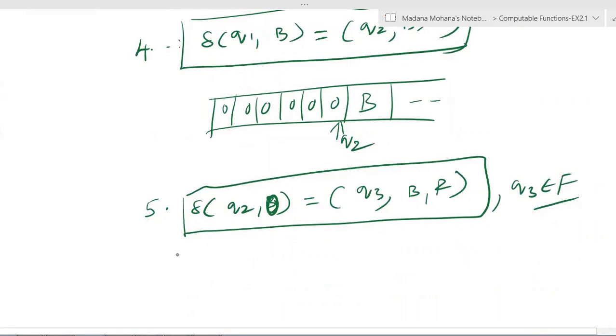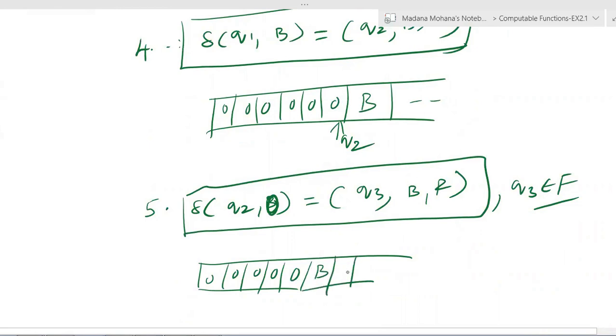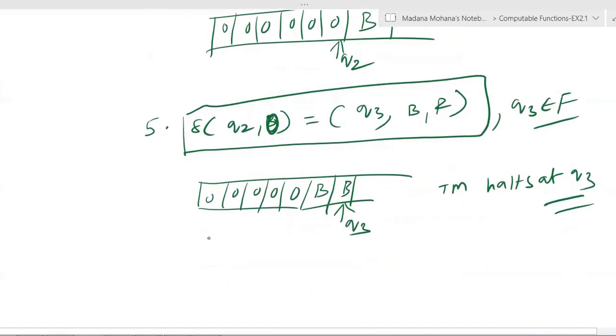Now see the configuration. Now it will get only 5 zeros. Why? Because the sixth 0 is replaced with blank, then it moves right, again one more blank. Here q3. So here the Turing machine halts at q3 by keeping x plus y, or concatenation xy, on the Turing tape.